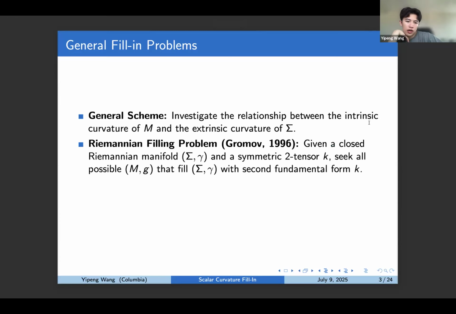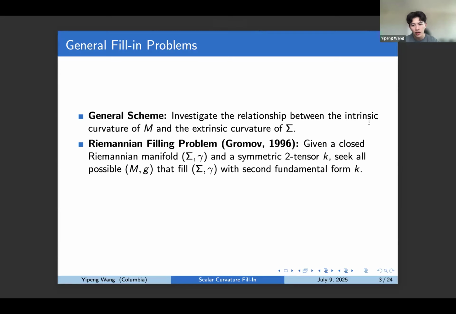Then Gromov in 1996 posed the following problem, which he called the filling problem, and he stated it in a kind of vague setup. It's not extremely precise, but let me try my best to explain it.